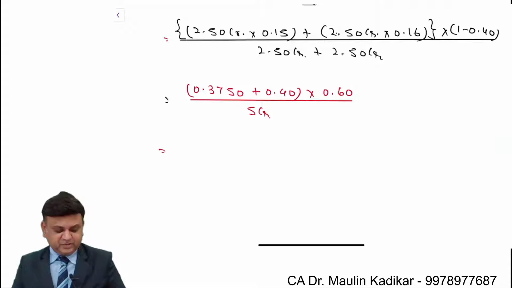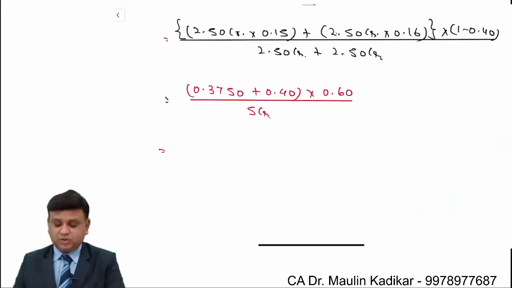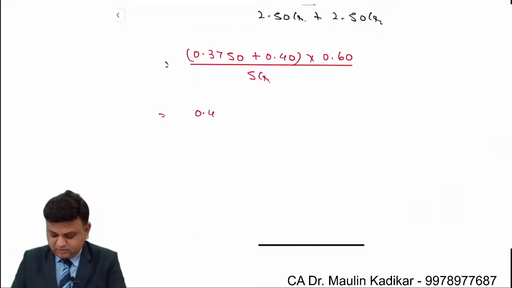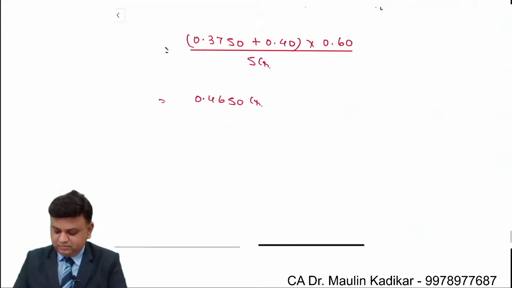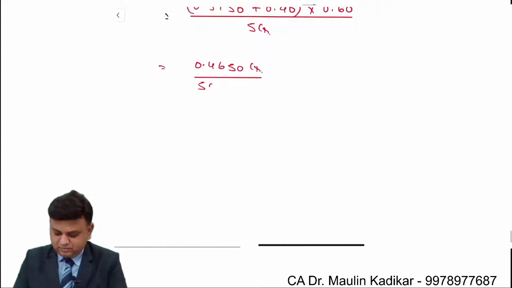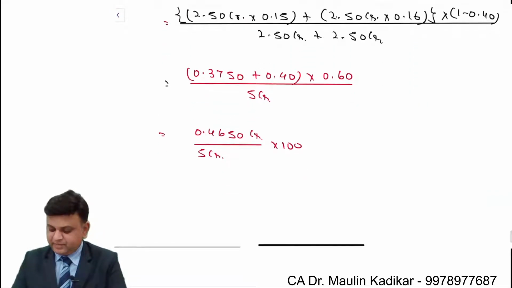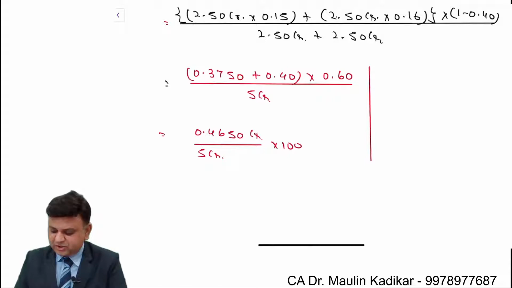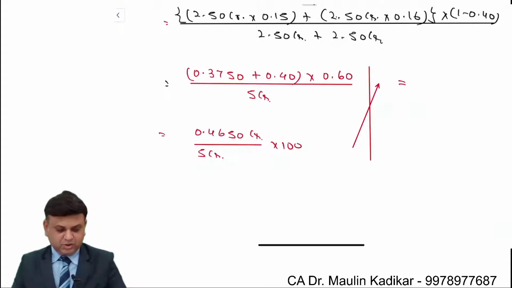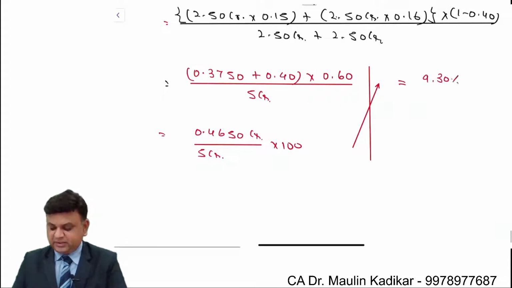So 0.375 plus 0.4, so 0.775 into 0.6, so it is 0.465 crore, divided by 5 crore, into 100 for getting the answer in percentage terms. That is the way we will make the calculation of the cost of capital. So 0.465 divided by 5 into 100. So the cost of debt financing is overall 9.3%.